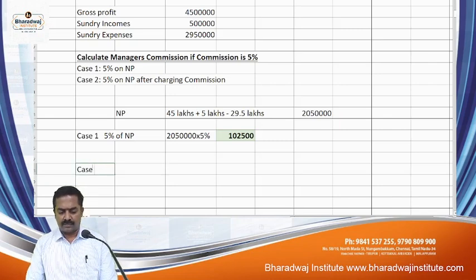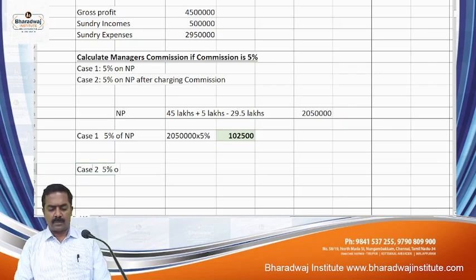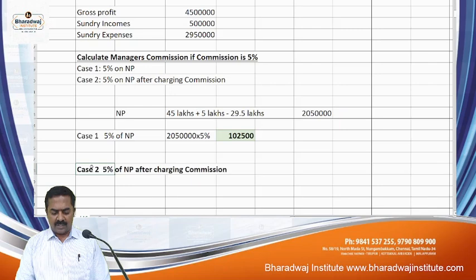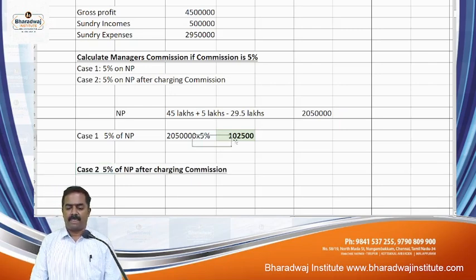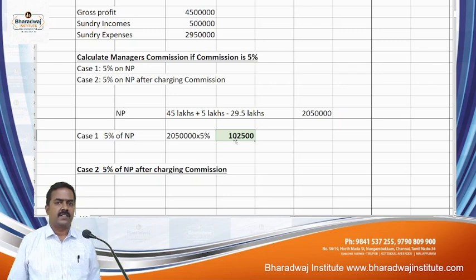Case 2. They tell you 5% of net profit after charging commission. So what to do? Second case, what to do?